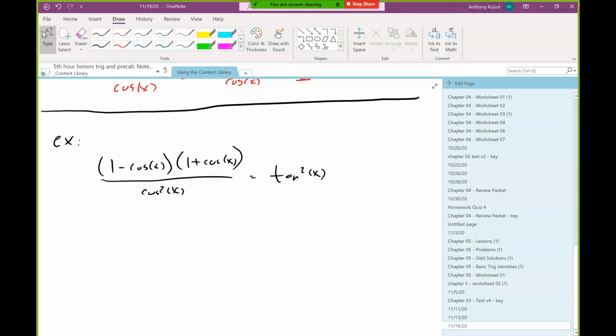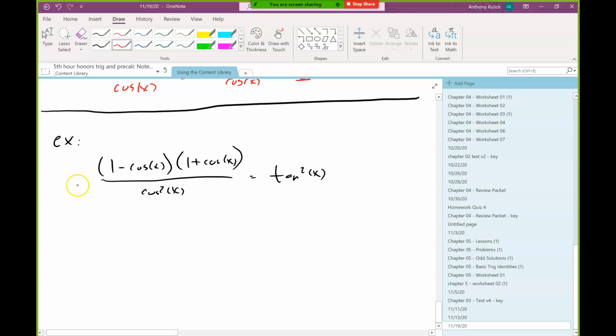So first thing I should do is pick the side to work on, and I hope it would be pretty obvious that the left-hand side is clearly the more complicated side, right? The right-hand side is a single trig function, which you can't get a lot simpler than that.